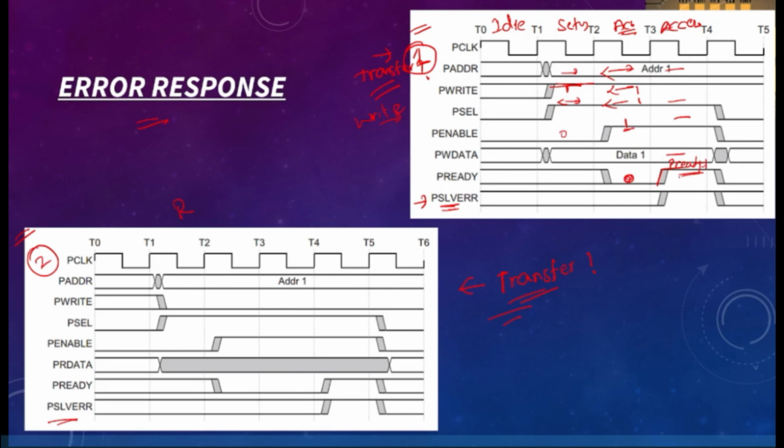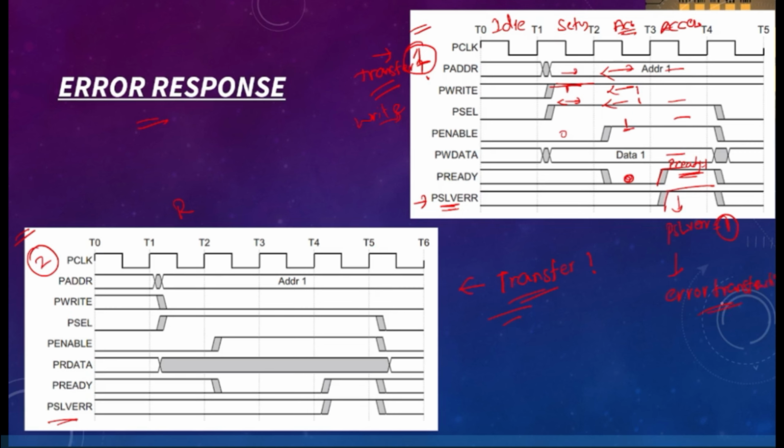Now, after the transfer has taken place, if PSLVERR is equal to 1, then this indicates there is an error in your transaction. That means there is a loss of data due to various factors.